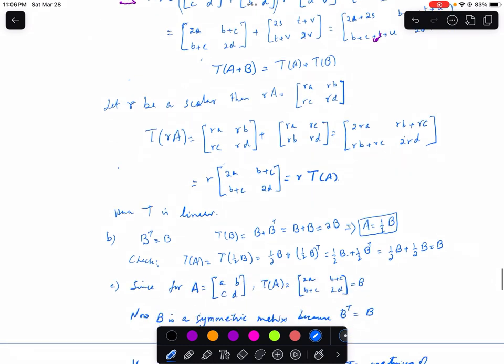So what should be the matrix A such that when we do the transform T of A, we should get only B, not B plus B transpose?